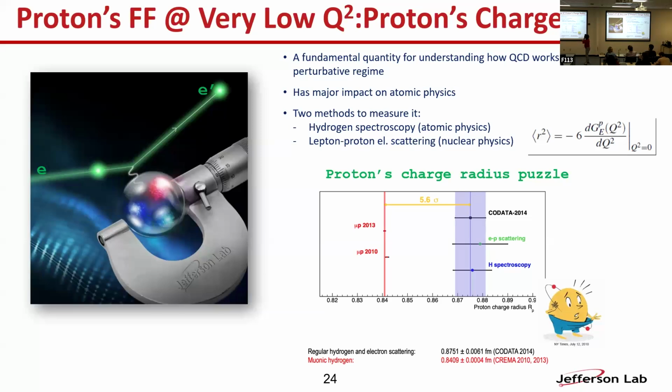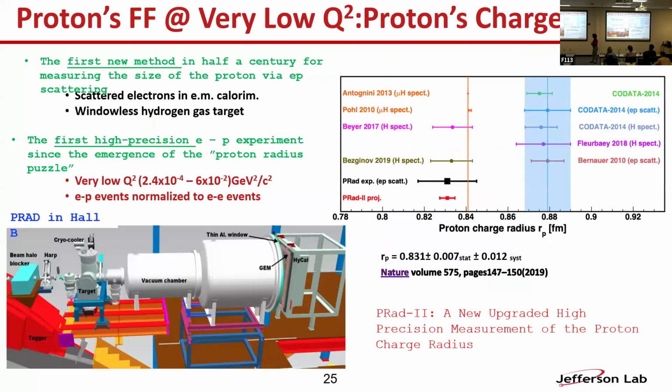The result was almost a 6 sigma difference. So here at JLab, we want to repeat the electron scattering experiment in a different way with high precision. This is the experiment that we ran, the PRAD experiment.